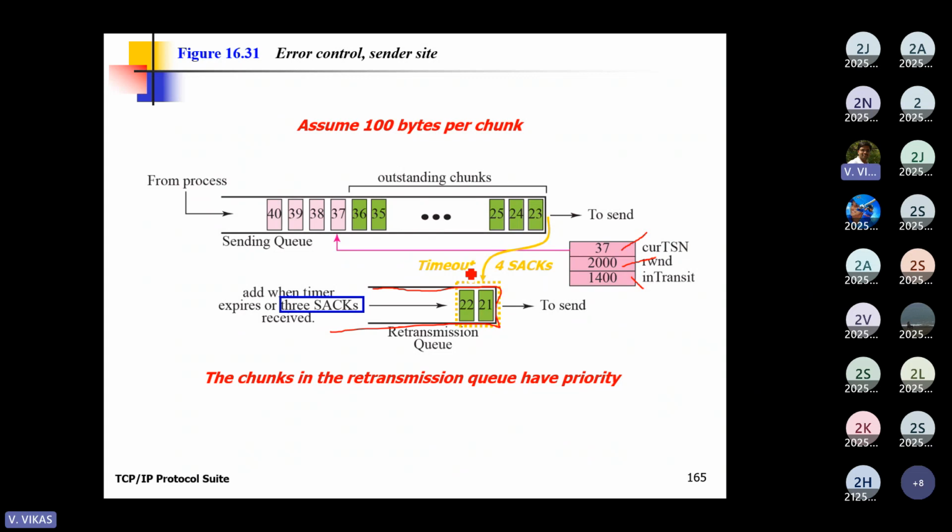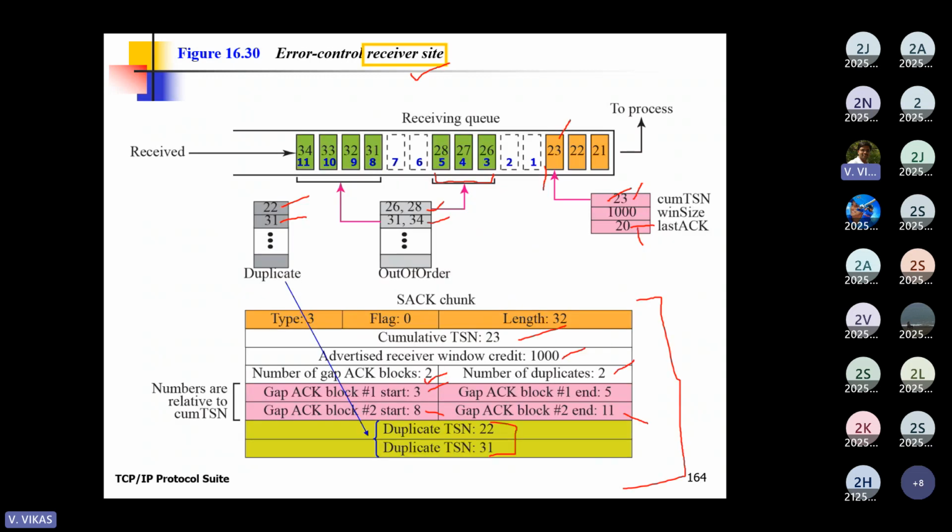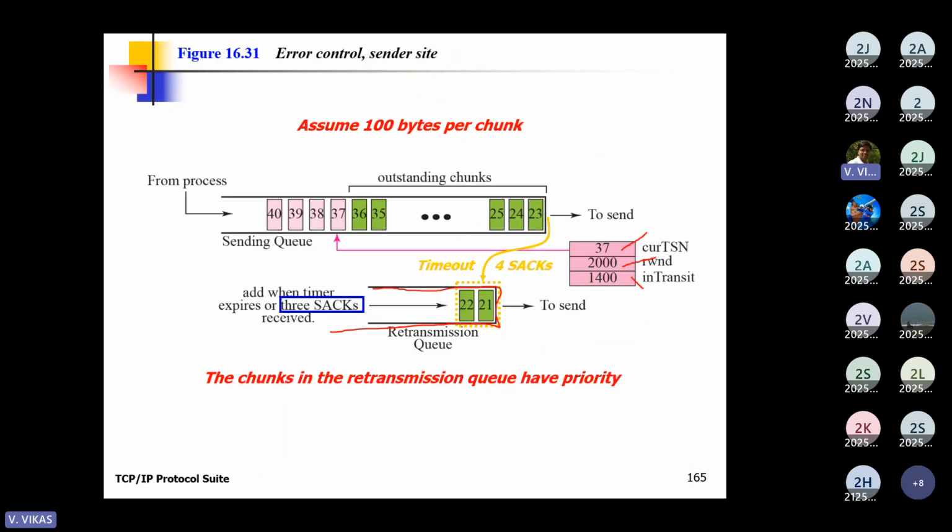So I am giving the information like 21 and 22, they have not been received at the other side. This is before I send this acknowledgement. Remember whatever the information we are providing here, before you send this one, the status of sender side is this.